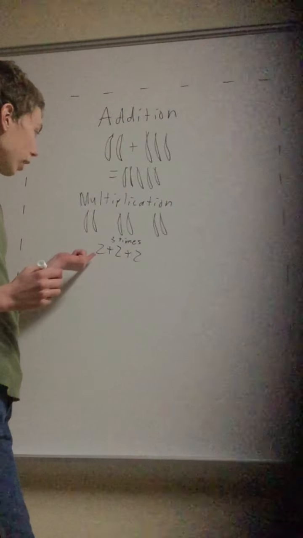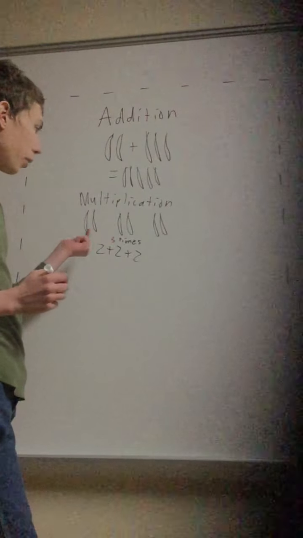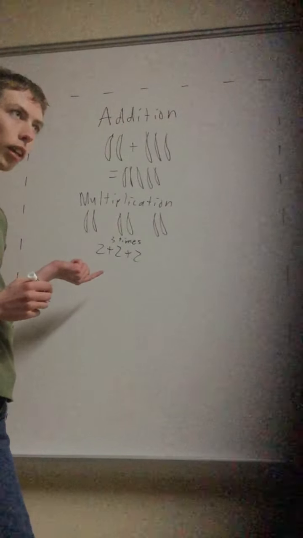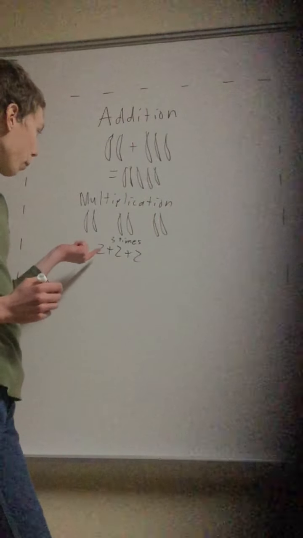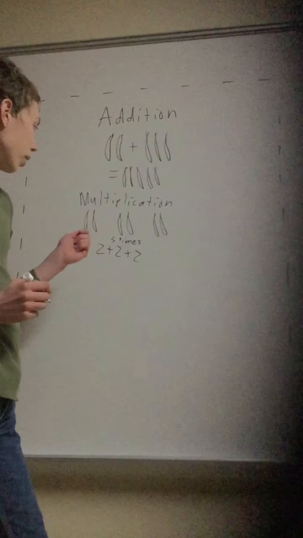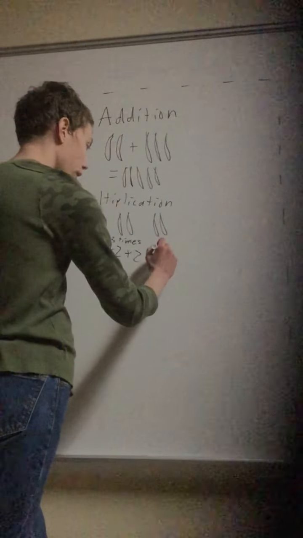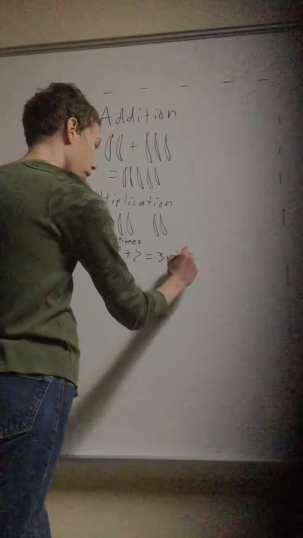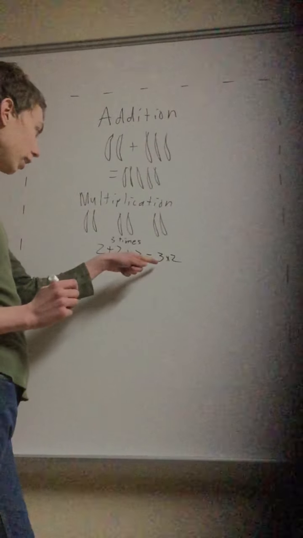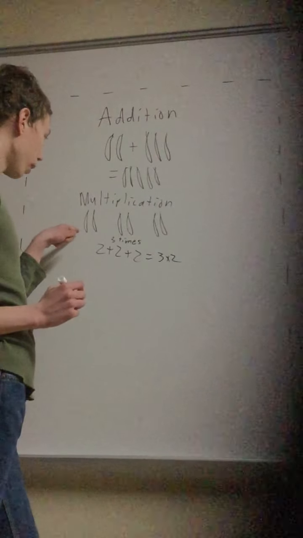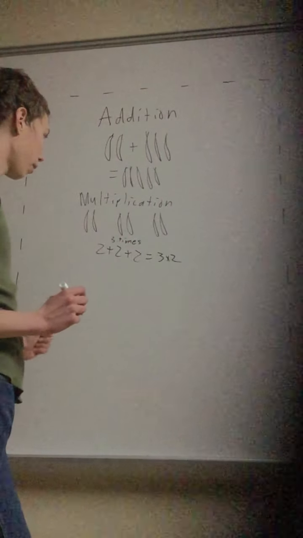Notice that if you had to do this for 20 days, you would have to write 2 plus 2 plus 2 plus 2 plus 2, and this would be a lot of repetition. And it turns out that when you have repetition like this, oftentimes you can simplify it just with a notation. In this case, we invent multiplication and just write 3 times 2. In this case, this means take 2 and add it to itself 3 times.